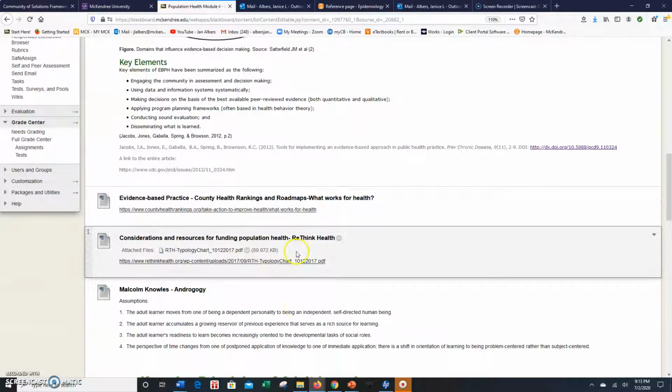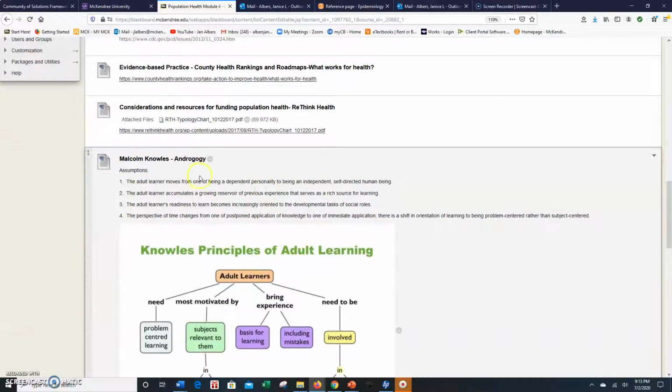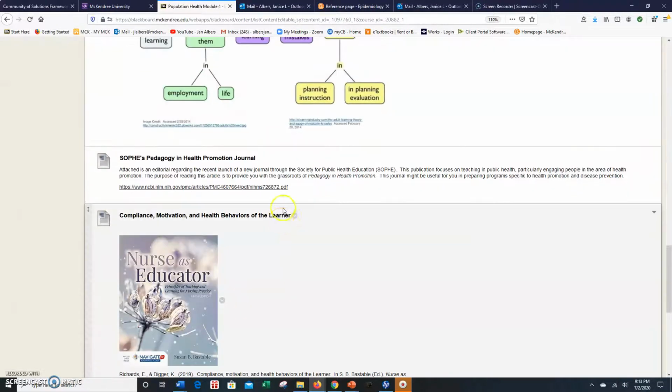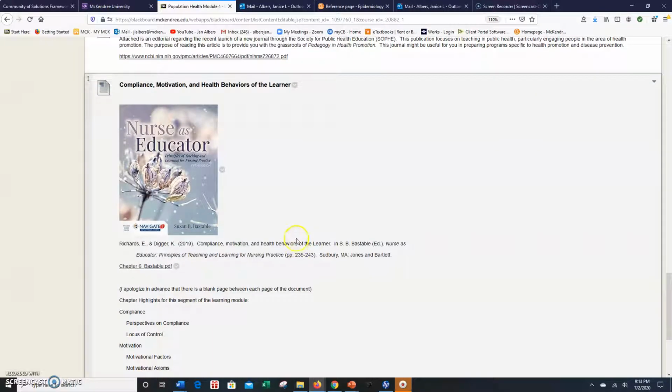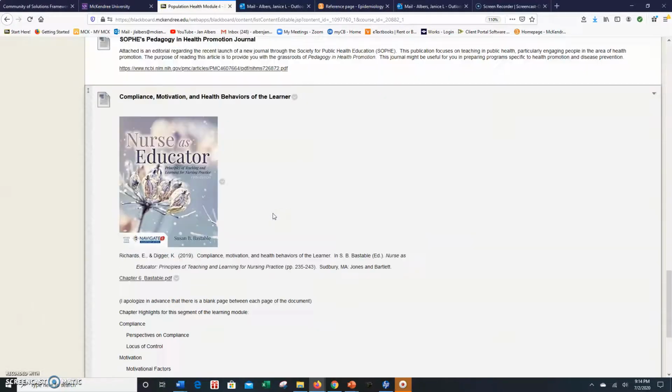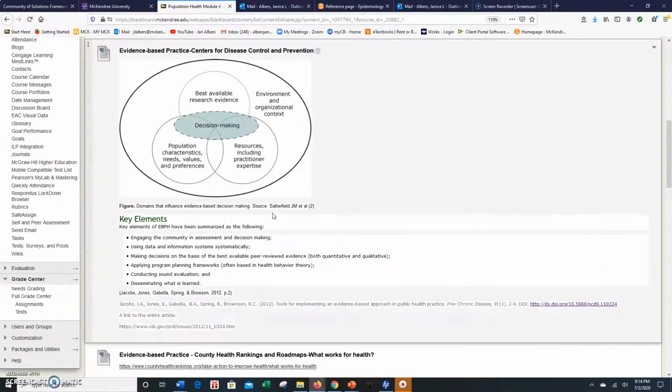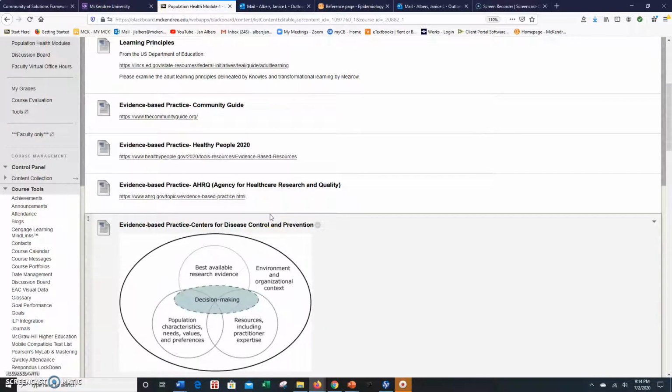And there's also information on Knowles theory, as well as some additional information on education, and there's some from one of the key textbooks for nursing education, Bastable, is included here. So there's resources here for them to really analyze and figure out what is going to work best for their particular audience.